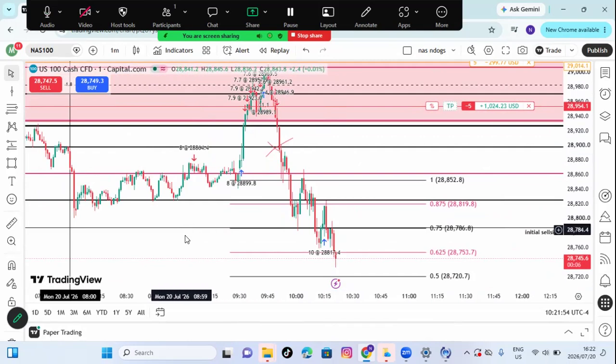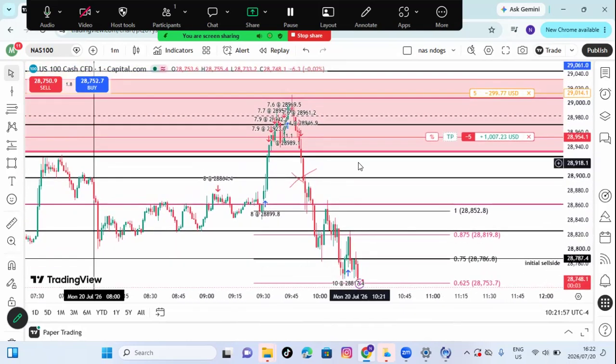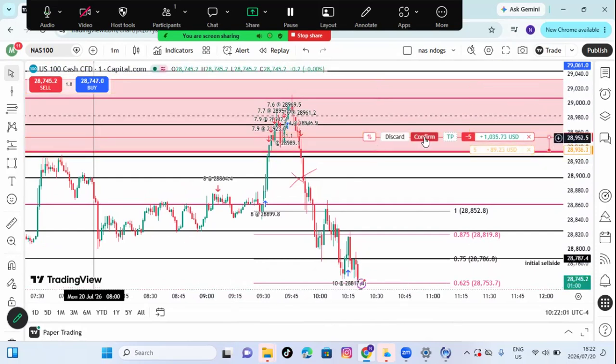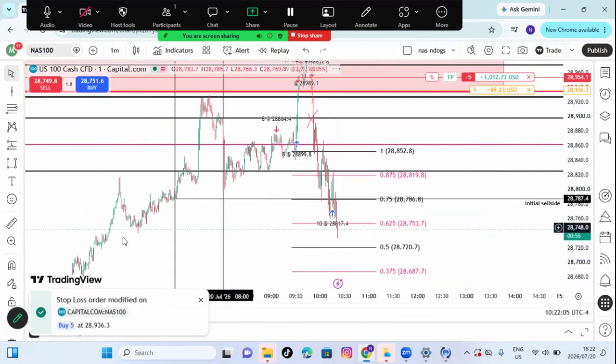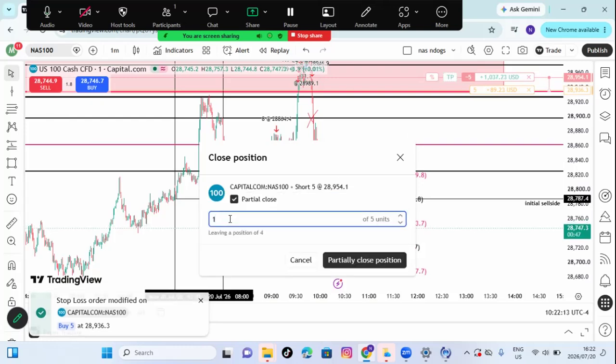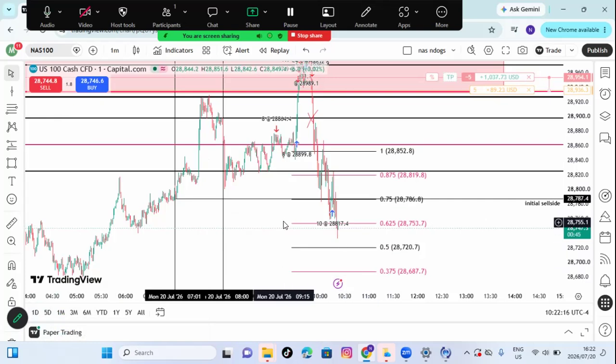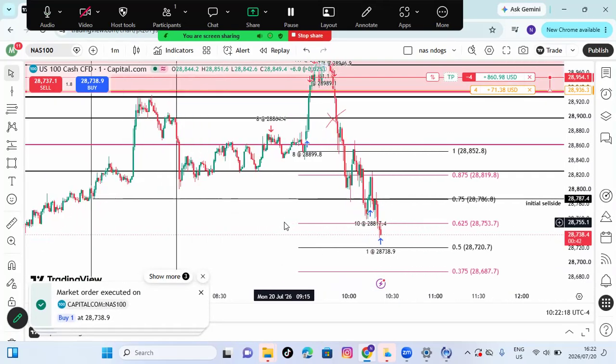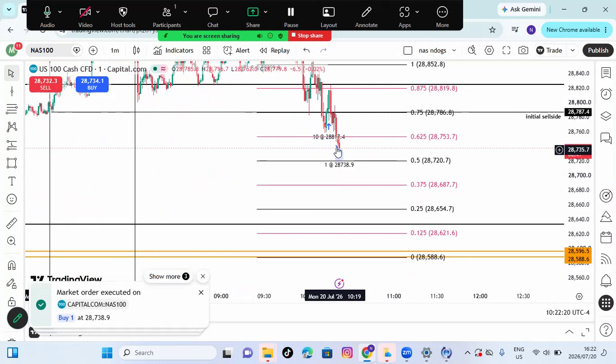Let me just, I don't see price returning here. I don't see that happening. Yeah, below here, you can take a little partial. Let's take one. There we go. So we're seeing the Nasdaq going lower.